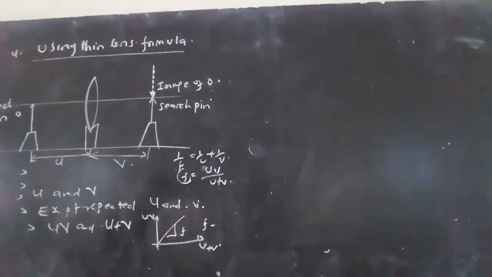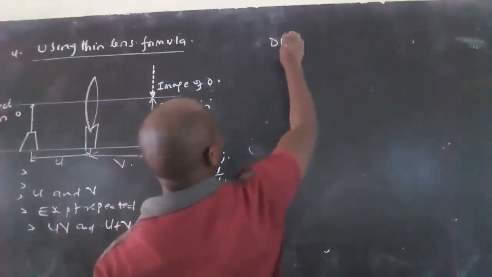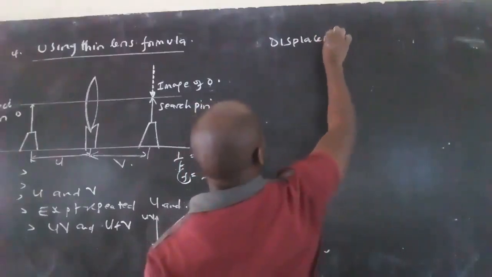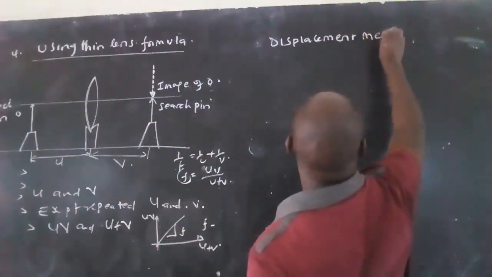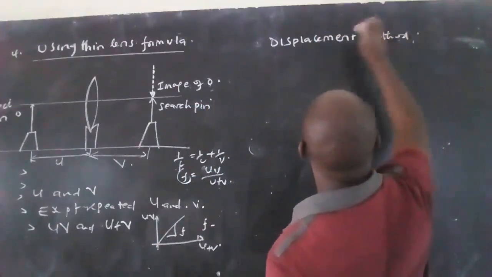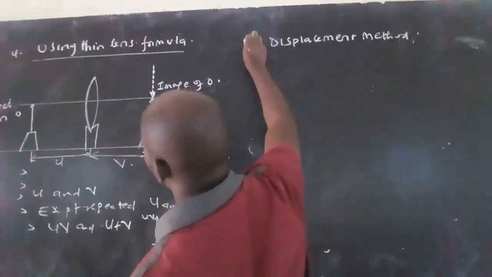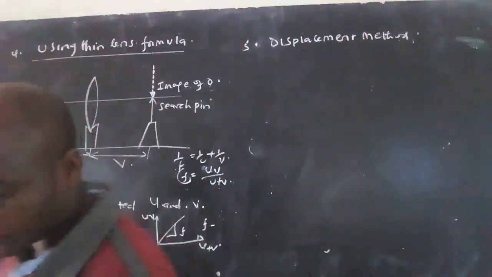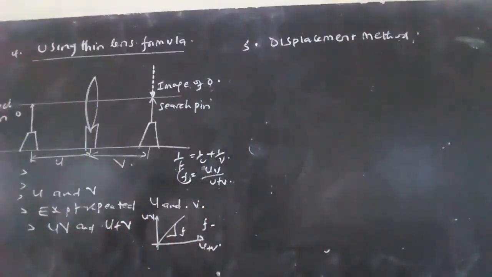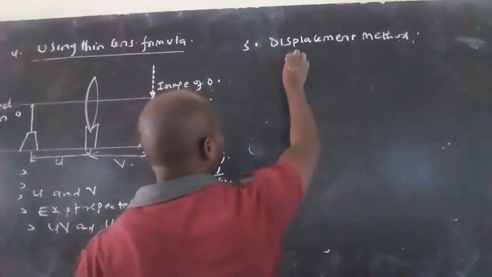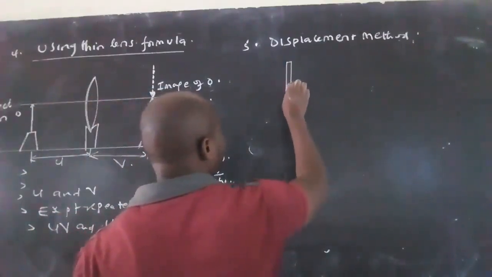Then there are many methods. The other one we can use is the displacement method. Number 5, displacement method. In this displacement method, we have this illuminated object.